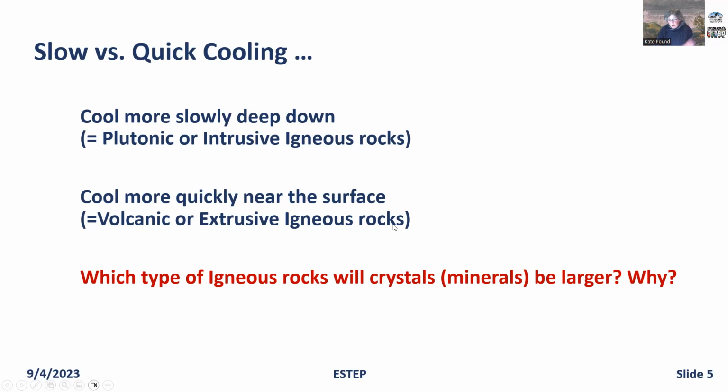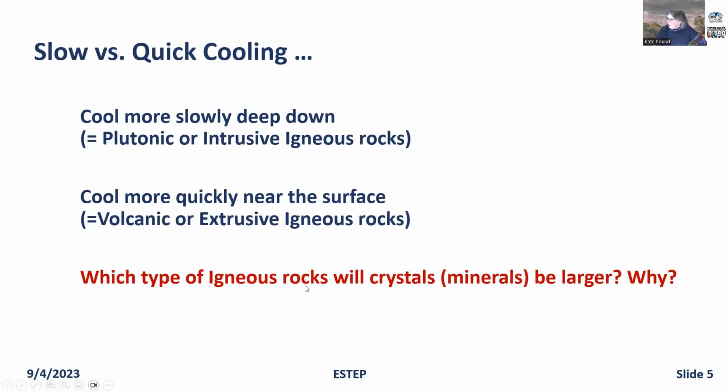So we've talked about where there's slow cooling and where there's quick cooling, but what about which type of igneous rocks will, oh, this is terribly written.